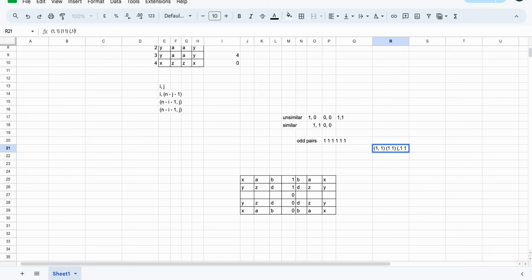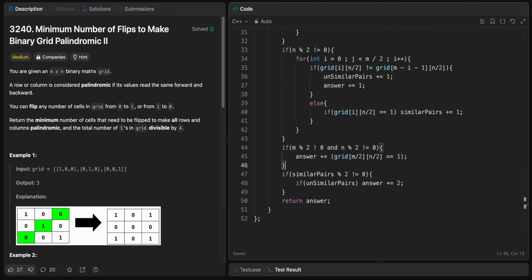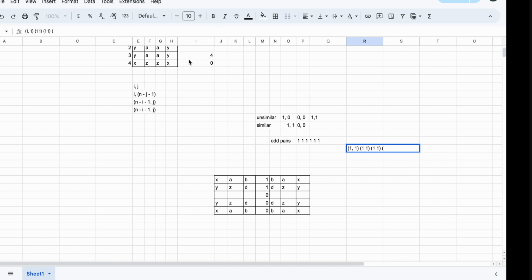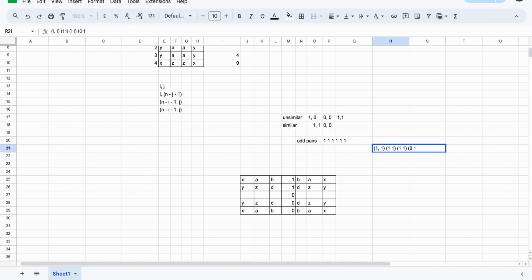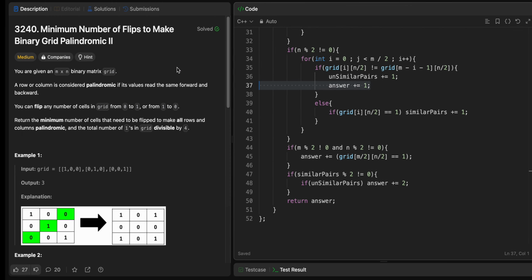So here there are three similar pairs of ones, and I'm already telling you that there is already one unsimilar pair found, because of which we added 1 to the answer already. So in this case, I already told you if this is 0 1, then any of these elements can be changed to the other. But we already have three pairs. So to add a supporting pair, instead of changing this 1 to 0, I'll change this 0 to 1. So now there would be four similar pairs of ones. So the answer would be increased by 1.